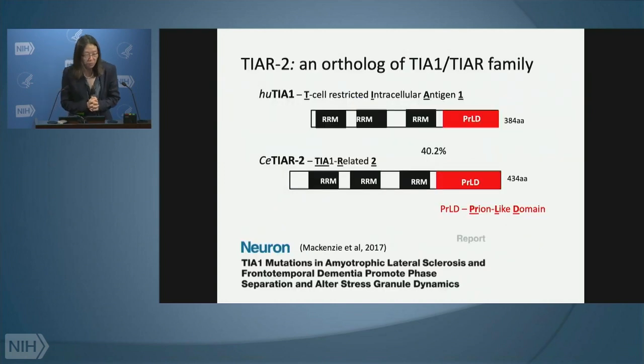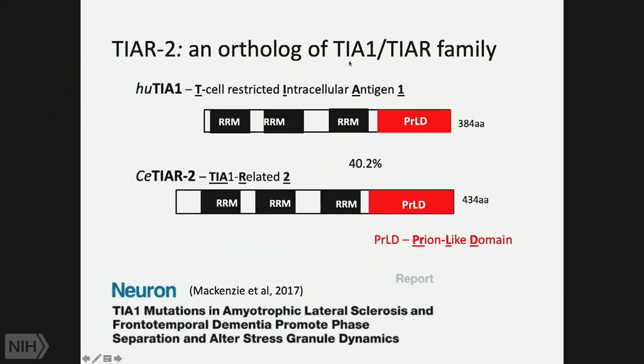So let me start with a protein called TIAR-2, which is a typical standard RNA binding factor with 3 RNA binding domains. It's conserved from C. elegans to human. It's named TIA simply because it's a protein expressed in T cells as an antigen.